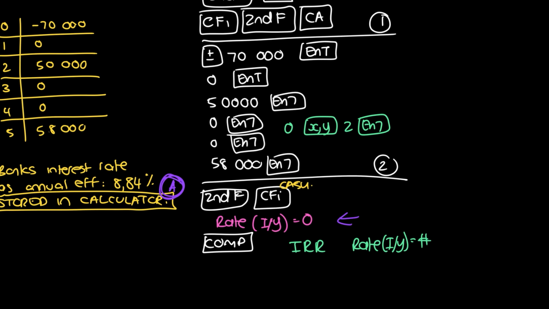Now, that's the main difference. So for NPV, we put in the bank's interest rate here, and then we push down and go to NPV and we compute NPV. For IRR, we update the rate, we ask it to compute the rate IY, and we leave the net PV as equal to 0.